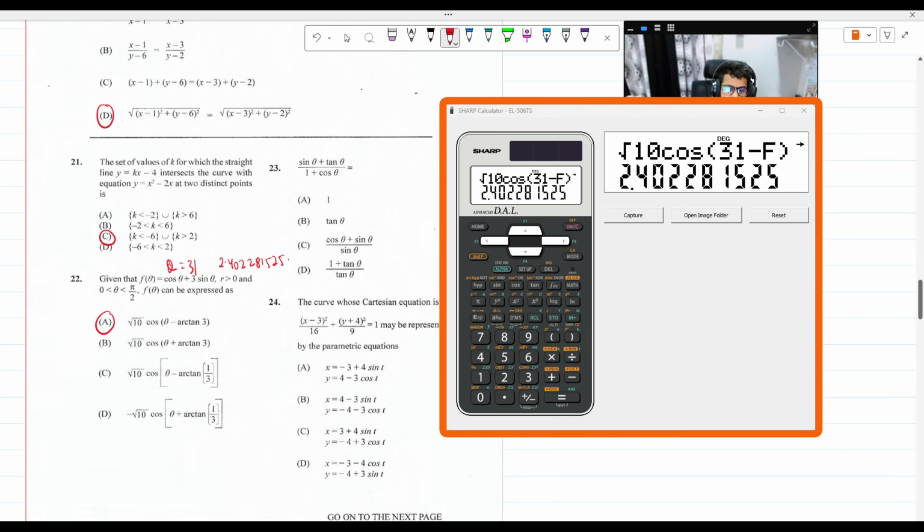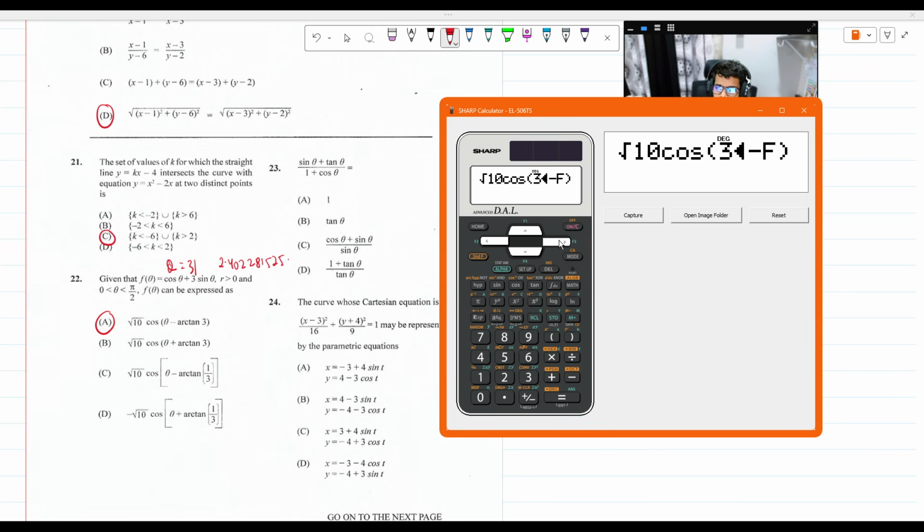I'm just going to show you all that none of the other answers will be correct. So instead of minus F, we're going to have a plus the arctan. Nope. And then we have arctan of a third, so arctan of 1 over 3.